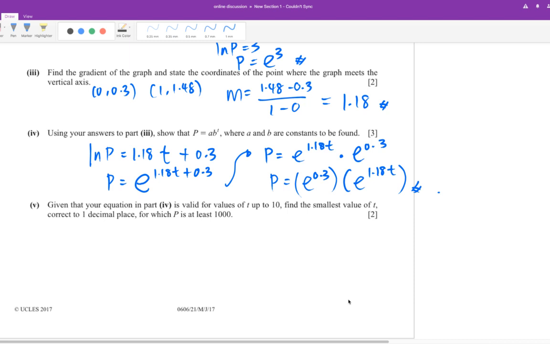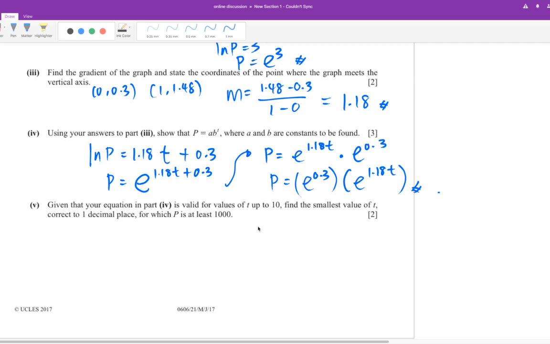So t will be maximum 10. This question is trying to say P is at least.